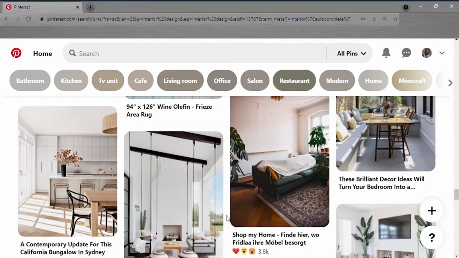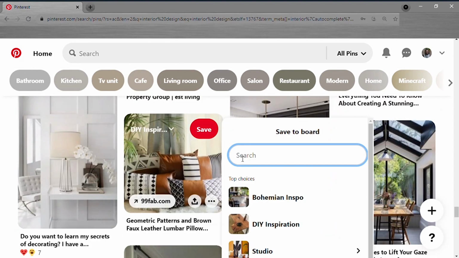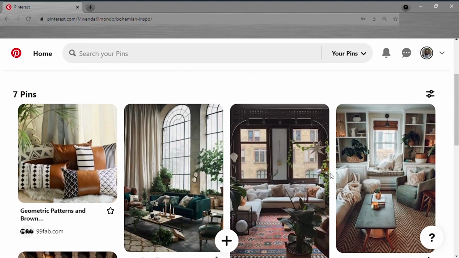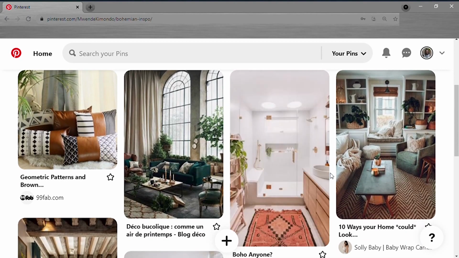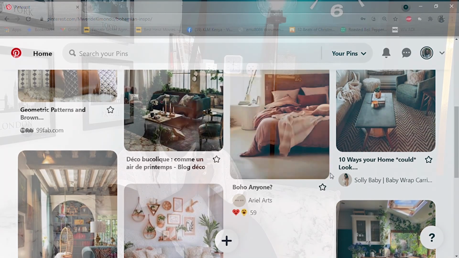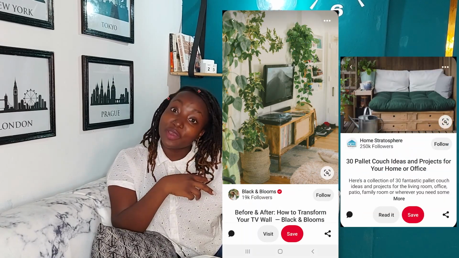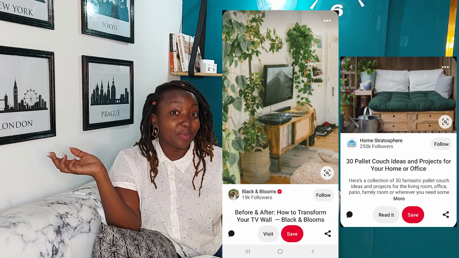In hindsight, when you go to the board where you've pinned all these things, you will see a similarity in all these pictures, and more often than not they tend to lean towards a certain theme. So what Kit did was she went on Pinterest and saved a few pictures, and even as we were talking and she was sharing those pictures, we could pick that they were leaning towards a bohemian theme. So that's how we settled on a bohemian theme.